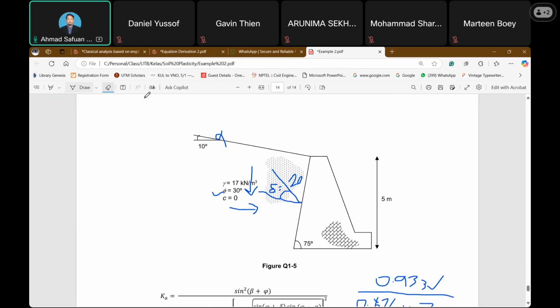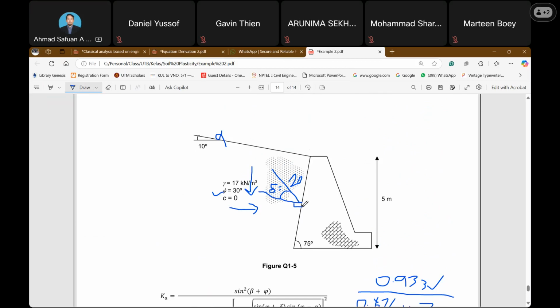Okay, 90 degrees. So the horizontal force will be acting based on the x axis, and the vertical force will be acting at the y axis.